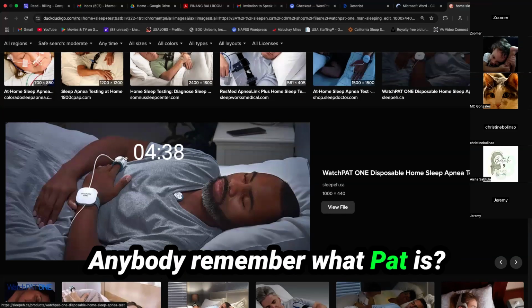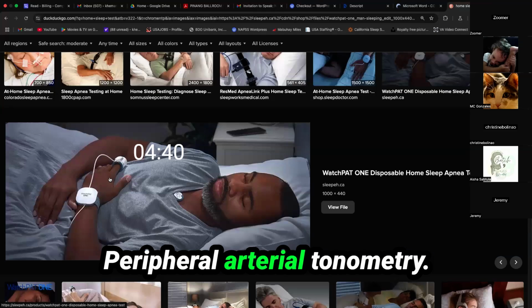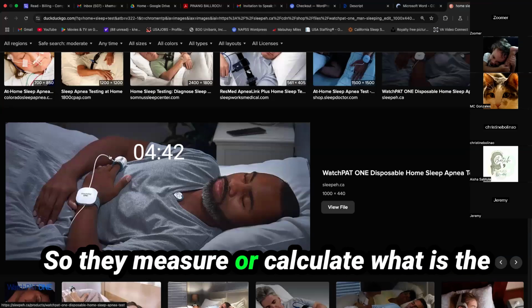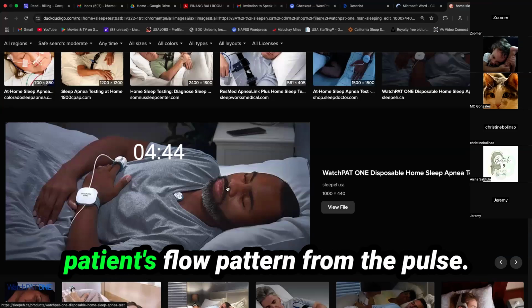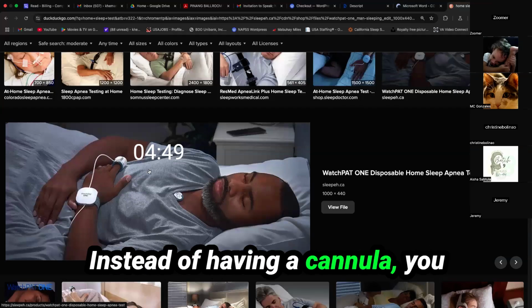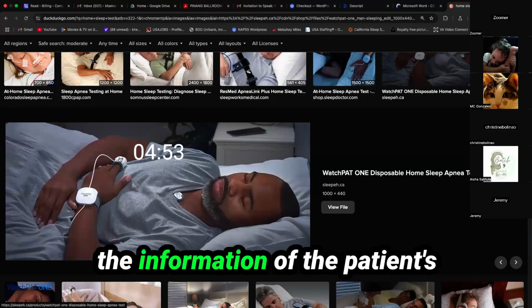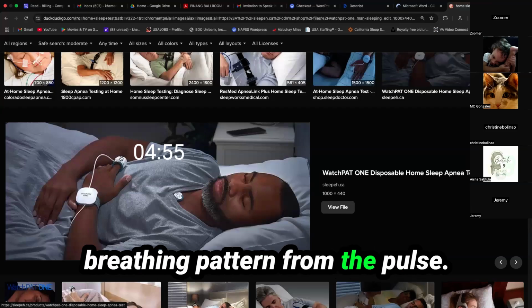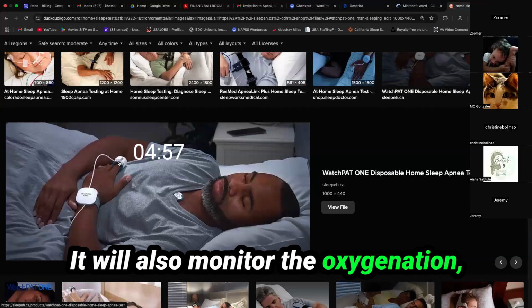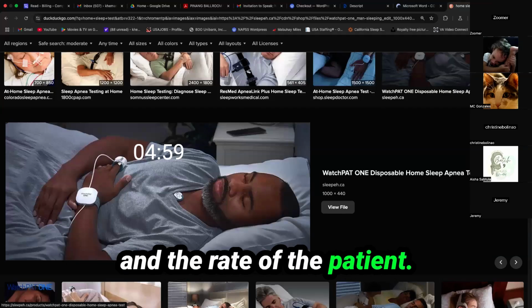Anybody remember what PAT is? PAT, peripheral arterial tonometry. So they measure or calculate what is the patient's flow pattern from the pulse. Instead of having a cannula, you have a pulse that will extract the information of the patient's breathing pattern from the pulse. It will also monitor the oxygenation and the rate of the patient.